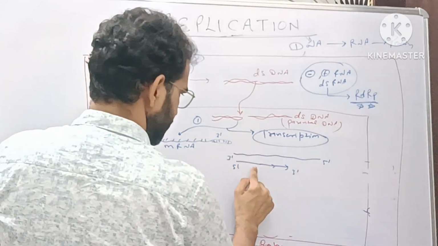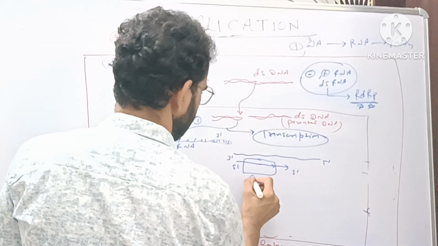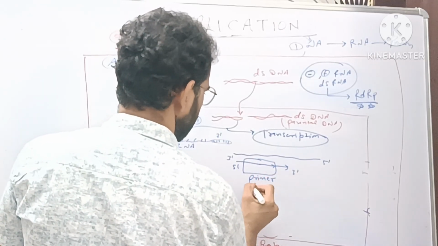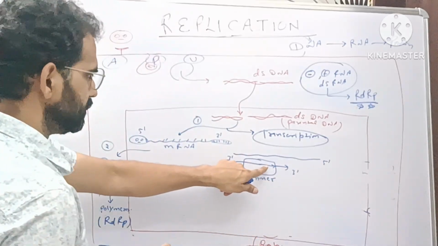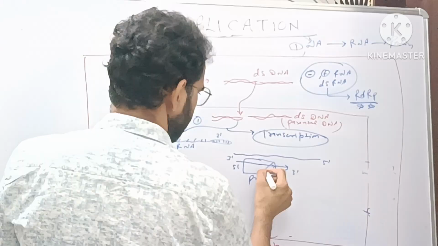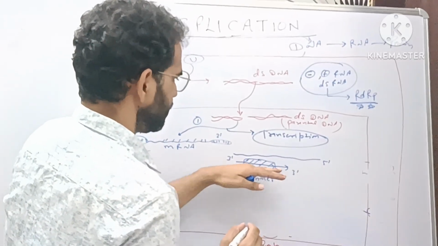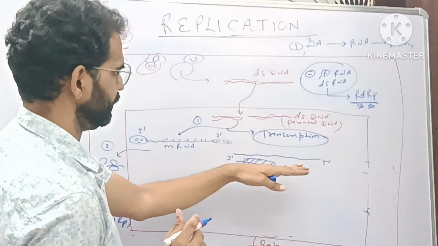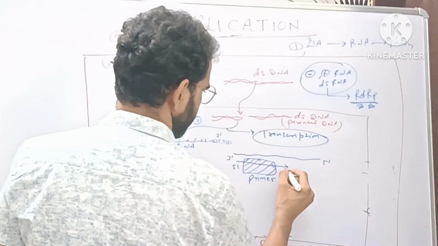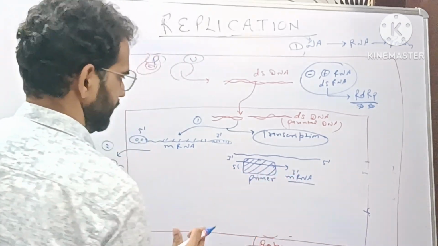But for RNA synthesis it needs a primer. So a primer is the requirement for initiation of transcription, the synthesis of new RNA, that is messenger RNA, in the 5 to 3 direction.